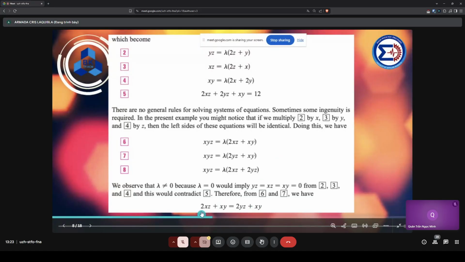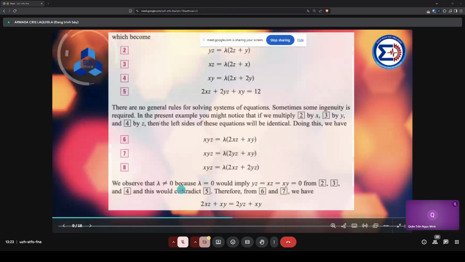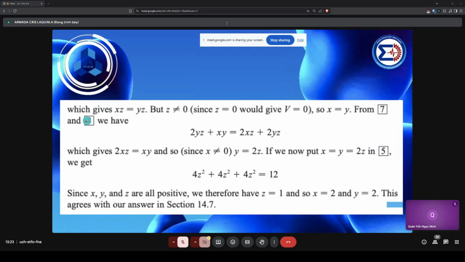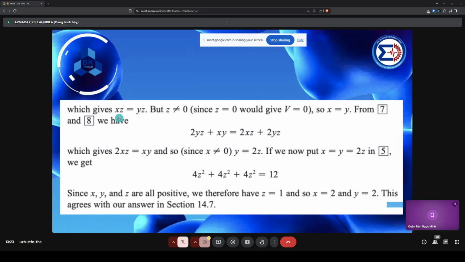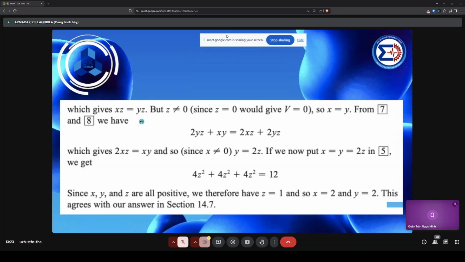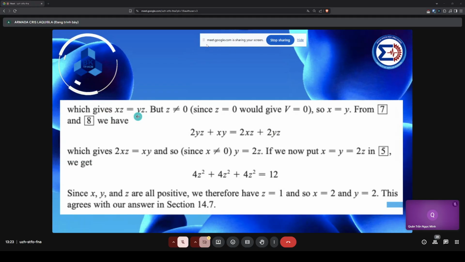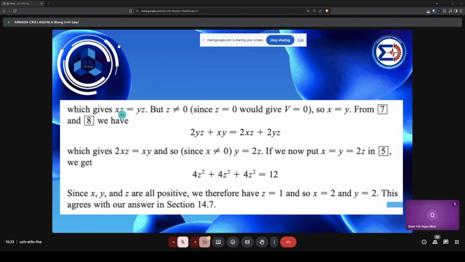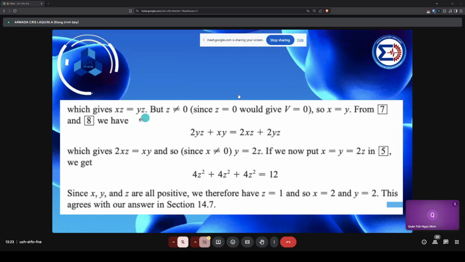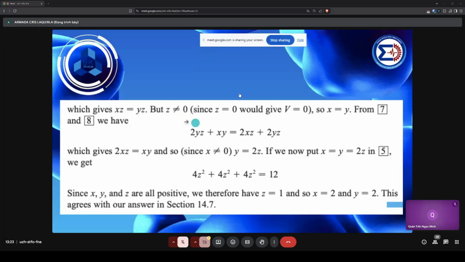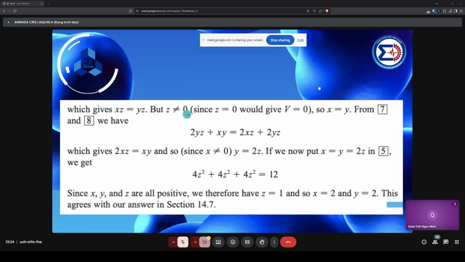So we have 2xz is equal to 2yz. After that, divide 2 both sides. It will give you xz is equal to yz. Again, that's from the 2xz equal to 2yz, then divide 2 both sides. Now, your z, class, should not be 0.